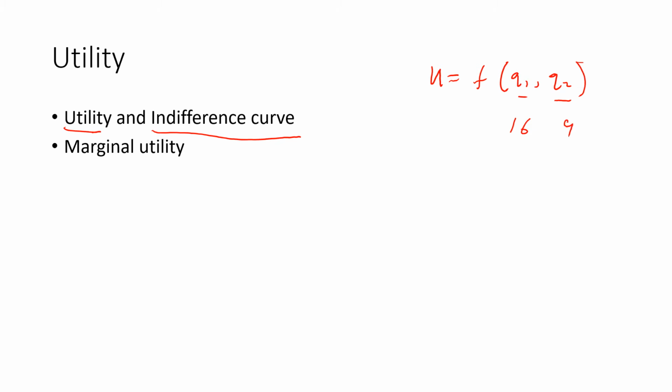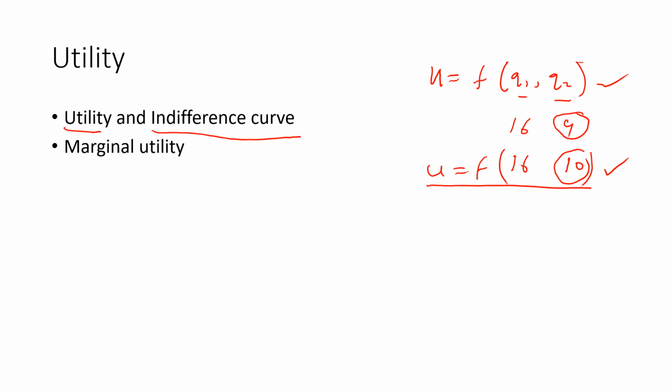But now when we are consuming 16 pizzas and 10 burritos, utility will increase. Why? Because of the principle of non-satiability, when a consumer always prefers more to less. So the second bundle now consists of 10 burritos, whereas the previous bundle consisted of 9 burritos. More is always preferred to less. This gives us a higher utility.